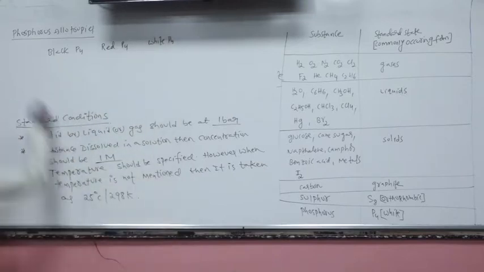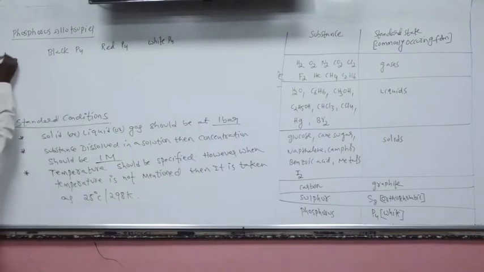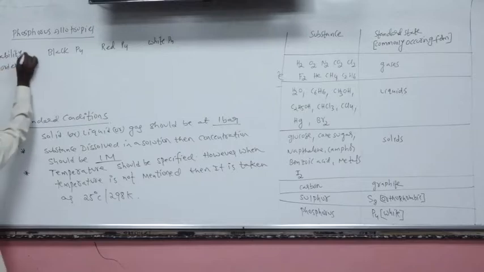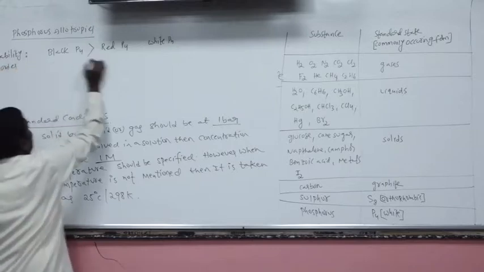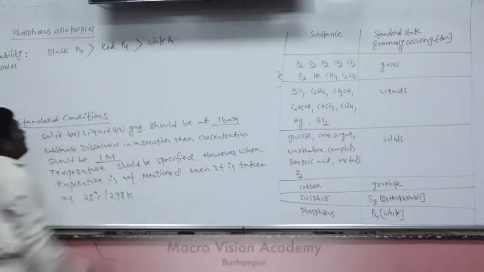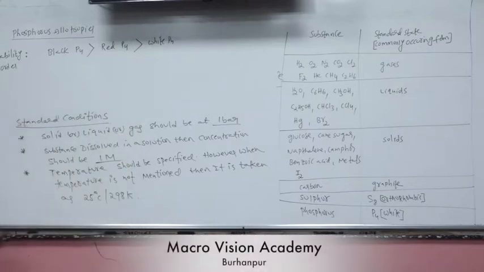Out of these three, the stability order is black phosphorus, next red phosphorus, and last one is white phosphorus.